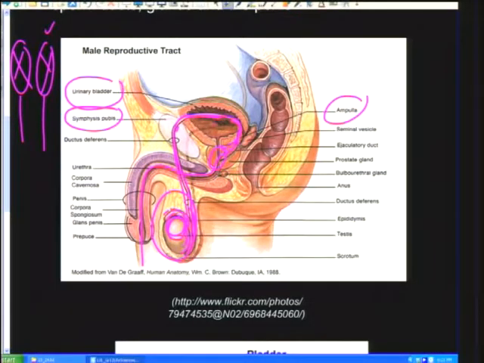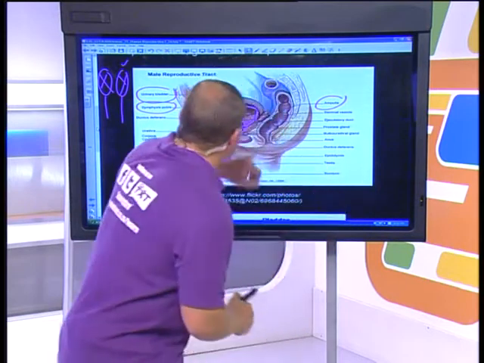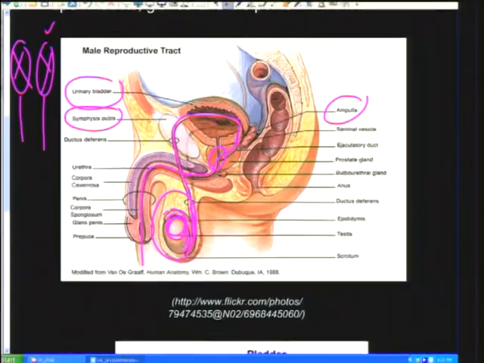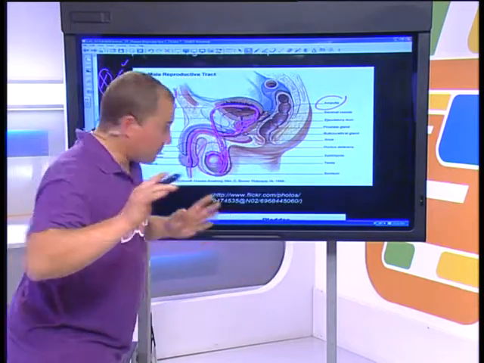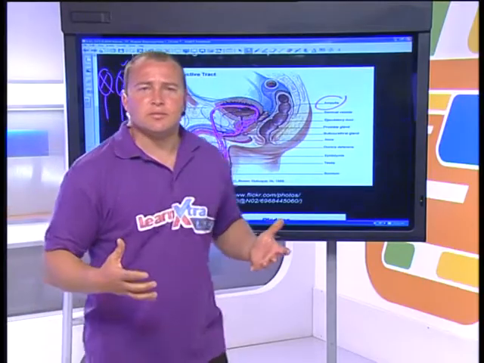And then what is also nice is, remember that we have got to get the sperm from here all the way through, if you follow the pen, all the way down and out, right? But once we have ejaculated, some of it still stays in this pipe, which means we need to get rid of it.